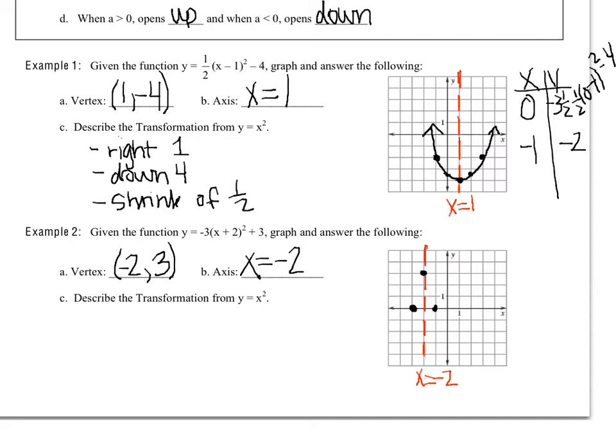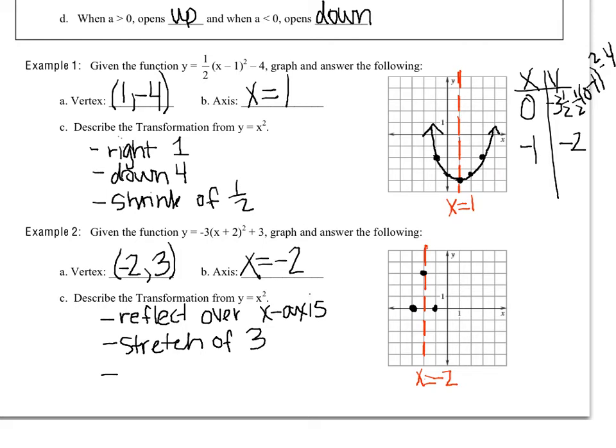So to describe our transformation, we know that negative sign made it flip upside down, so we call that a reflection over the x-axis. Our graph was reflected by that negative sign. And we also know we had a stretch of 3.